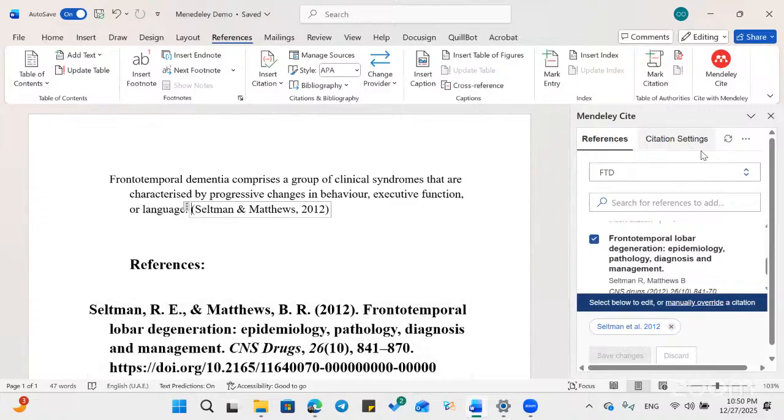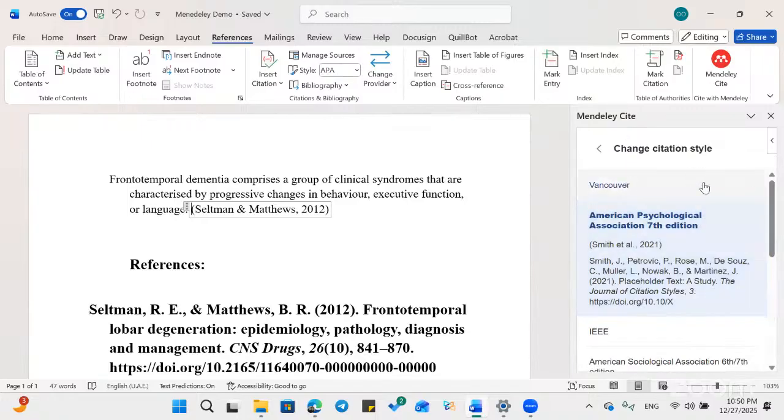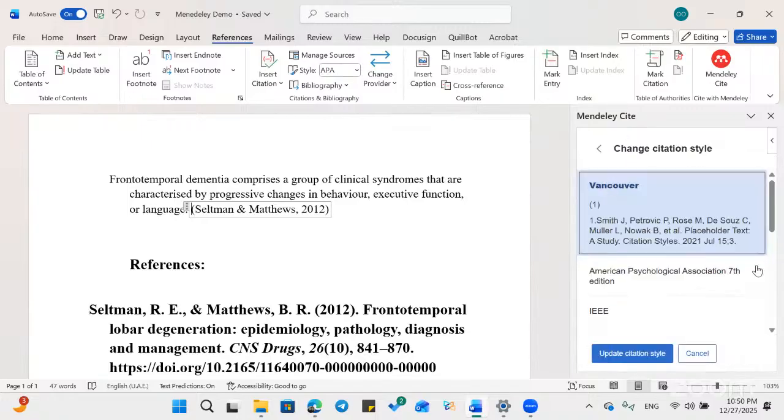Now let us say that we want to change the citation style. Now it is set for APA, or American Psychological Association, style. Just from here, in citation settings, we can find change citation style, and we can change it to Vancouver, for example, or any other journal-specific citation style.